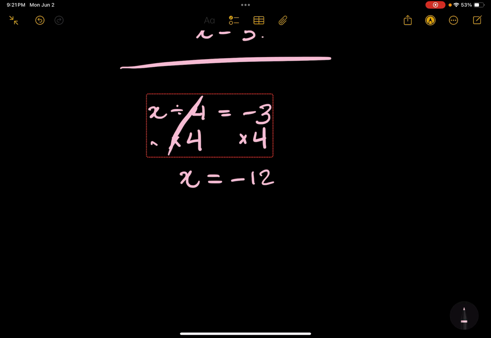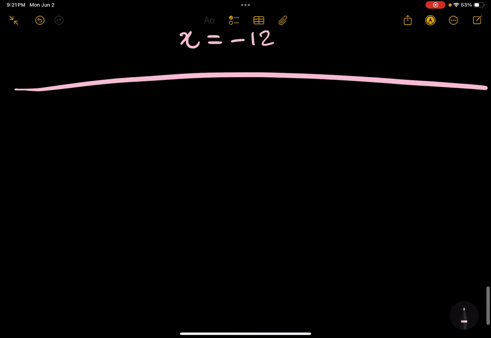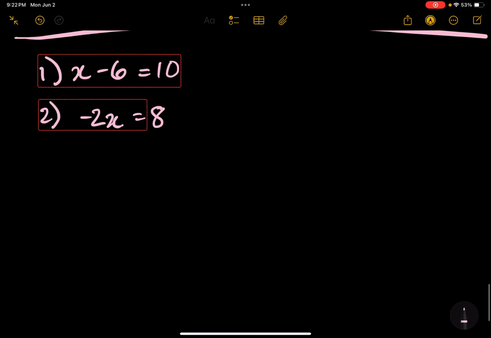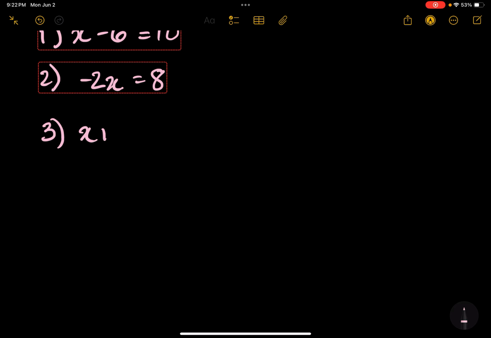Here are some practice problems for you to do by yourself. First one is x minus 6 is equal to 10. Negative 2x equals 8. x plus 3 is equal to negative 7.